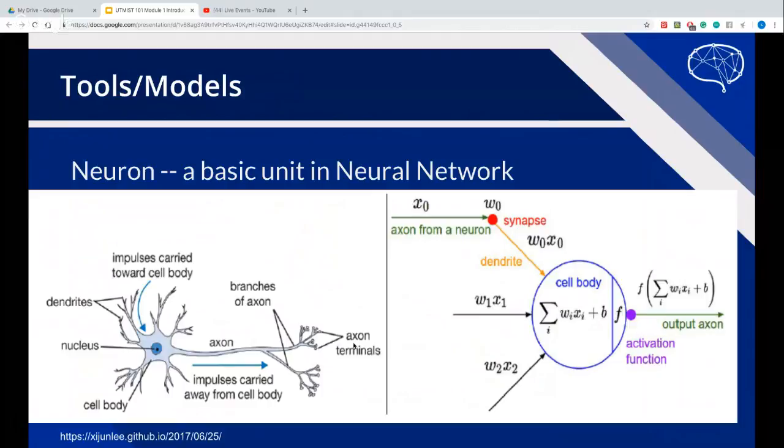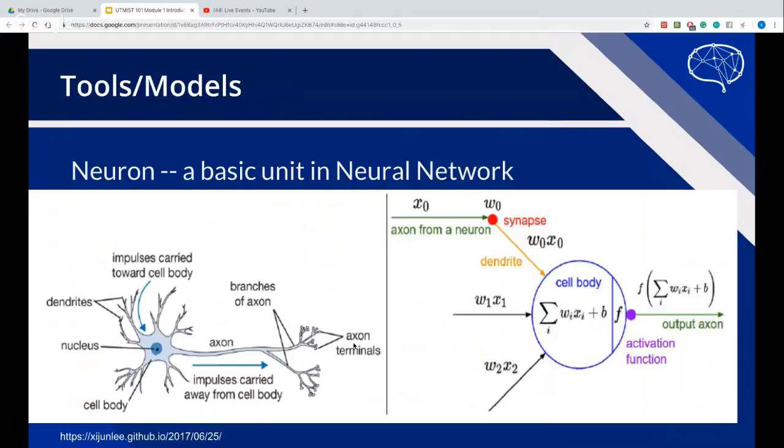X is the impulse or signal from the previous neuron. For each X, we have a W, the weight corresponding to that specific X. Then we sum all the W times X together, and then add a B. The B here is called the bias.